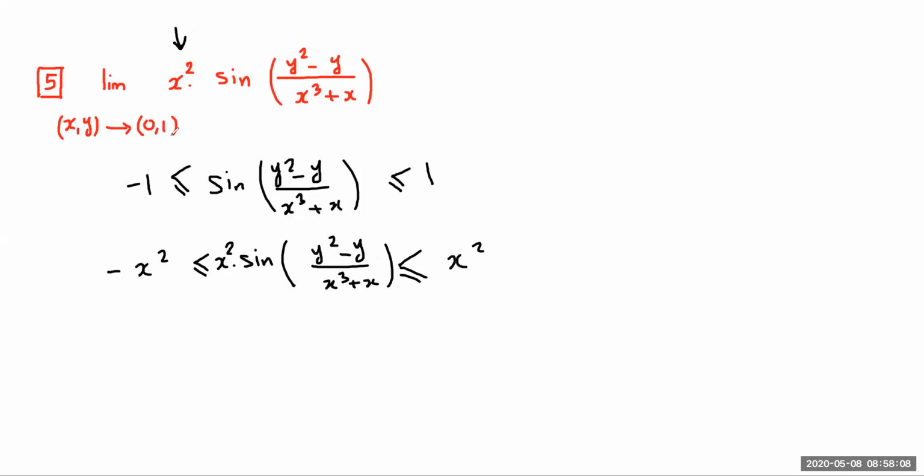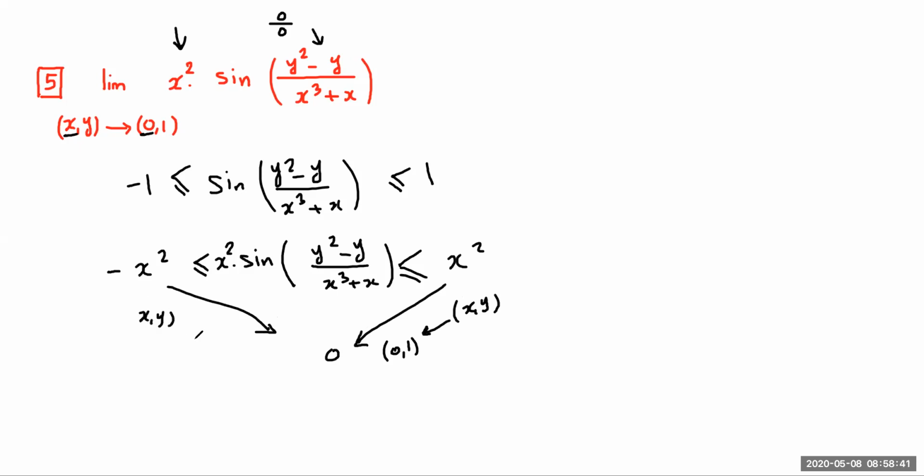Now, when (x, y) approaches (0, 1), okay, if I put (0, 1) here in this term, I will have 0 over 0. Okay, so now when (x, y) approaches (0, 1), x approaches 0. So this approaches 0 when (x, y) approaches (0, 1), and this also approaches 0 when (x, y) approaches (0, 1).